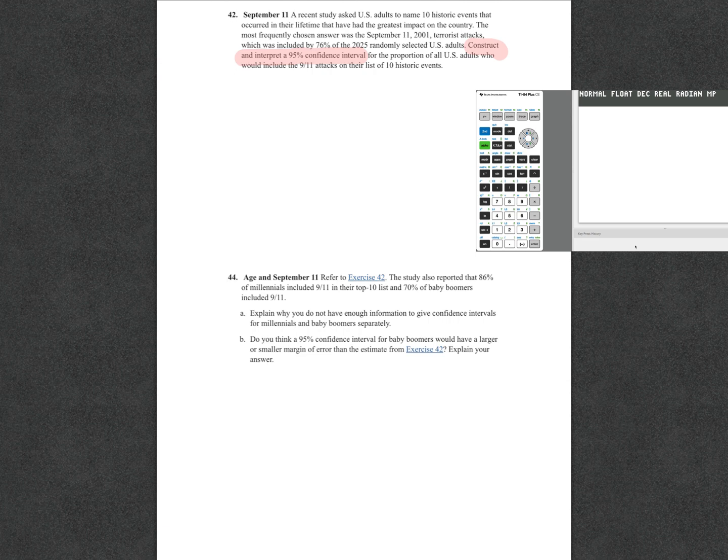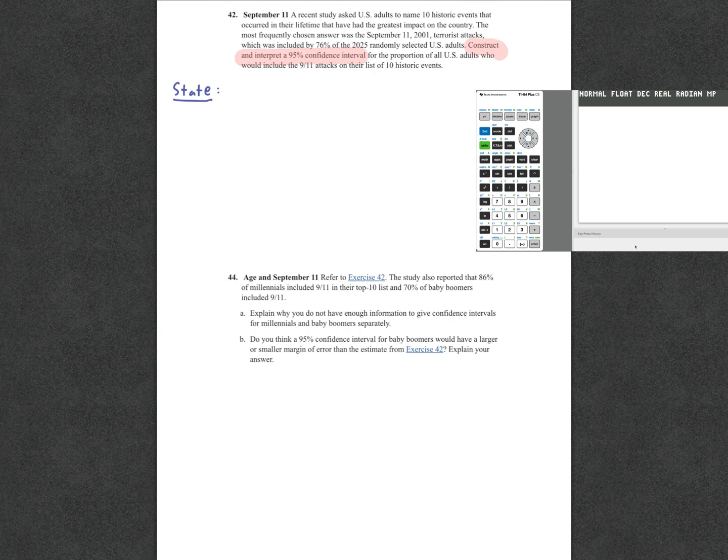So first thing is state. We're stating the confidence level as a percent for our confidence interval, and then we'll state what the parameter is in context. The book does it, but I'm going to do this one just to see how it's done.